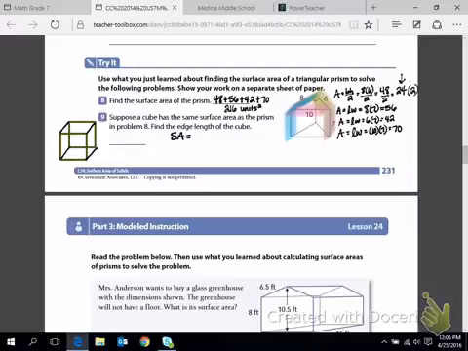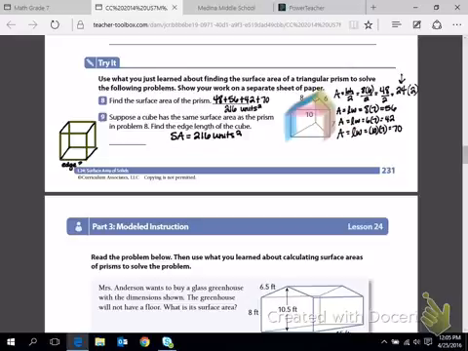So the surface area is going to be 216 units squared. And we want to work backwards to figure out what is the length of an edge that will give us 216 units.